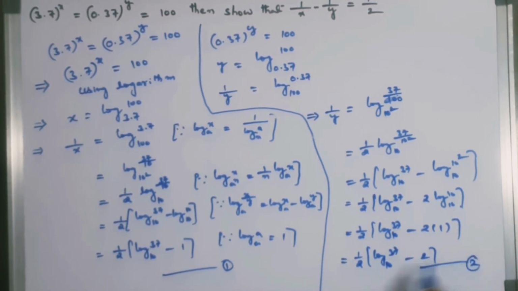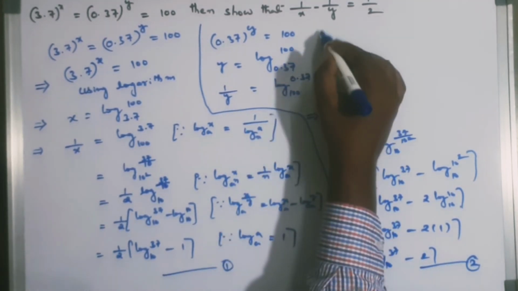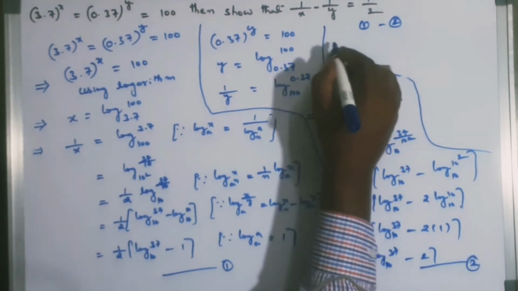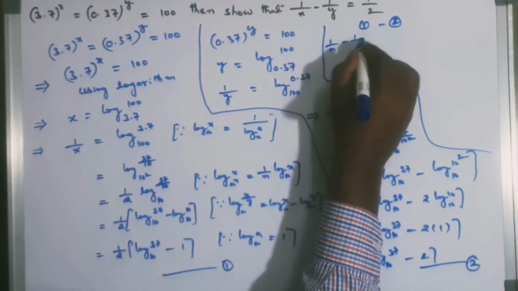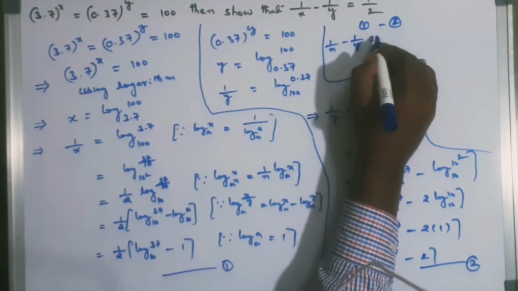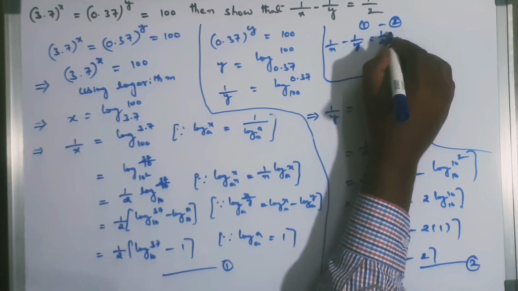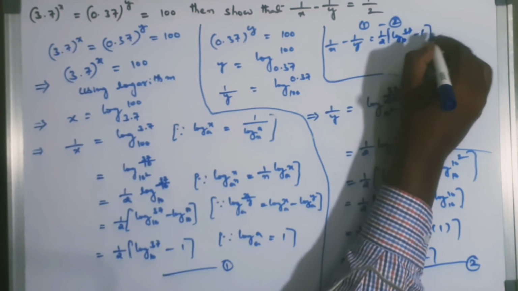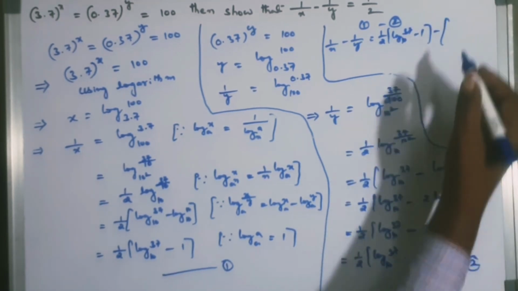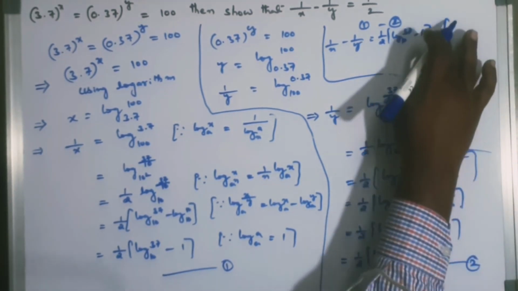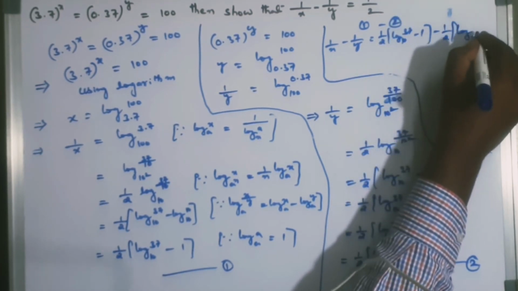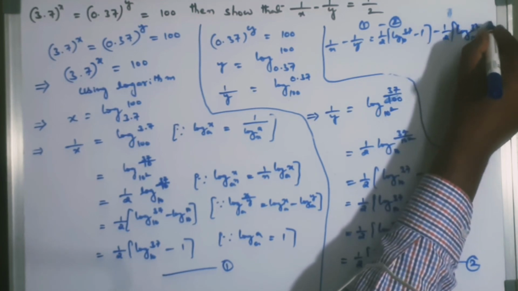Equation number 2. You know, I need to find 1 by x minus 1 by y. So therefore, equation number 1 minus equation number 2. What is equation number 1? 1 by x minus 1 by y. What is 1 by x? 1 by 2 of log base 10 to 37 minus 1, minus of, what's the 1 by y value? 1 by 2 of log base 10 to 37 minus 2.